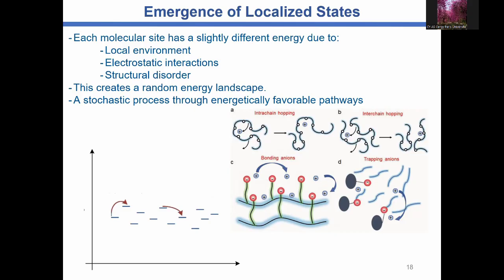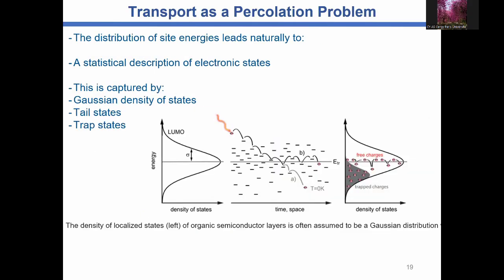So the random energy landscape is like this, and it can be related to the density of states of the material. And the transport, as we already discussed, can happen through the percolation of the states.